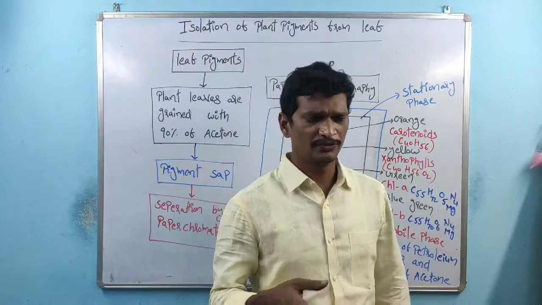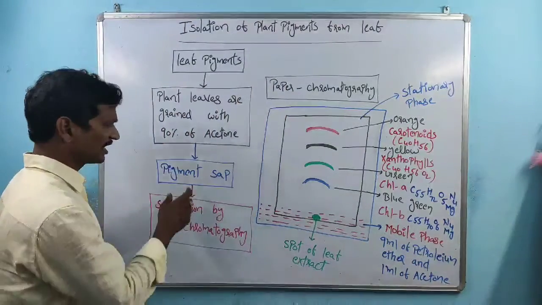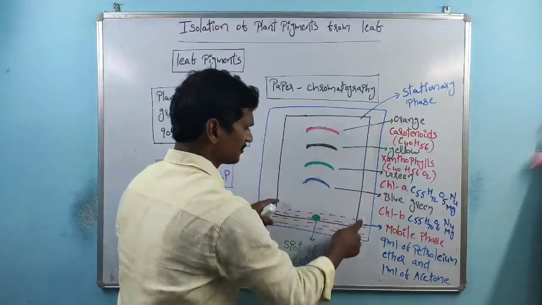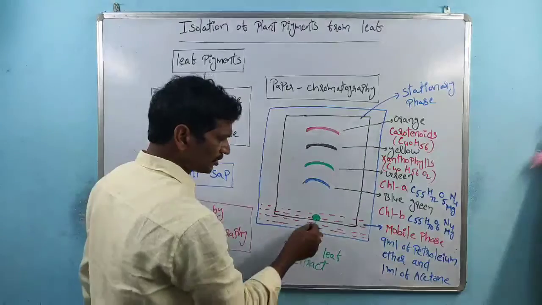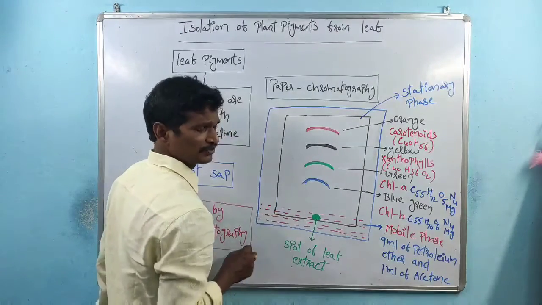Once we collect the Whatman number 1 filter paper, we take one drop of the sap we collected. Just imagine this is the paper. At the bottom of the paper we spot the sap solution.